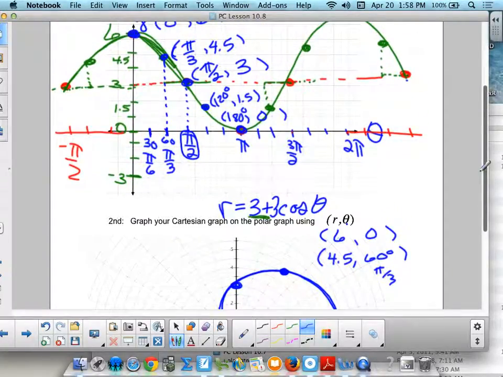What's this point right here? Looks like about 1.5 up, about 240 degrees.